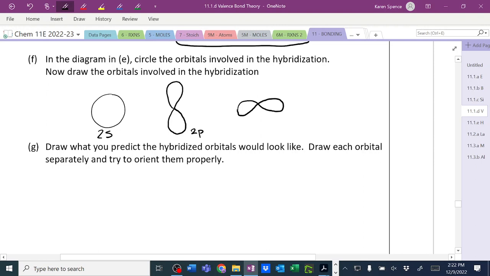The orbitals involved in hybridization, there's a 2s, there's a 2p, and there's another 2p. Now you're going to draw the hybridized orbitals, what you think they will look like.